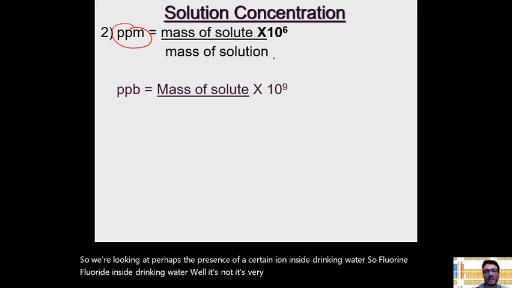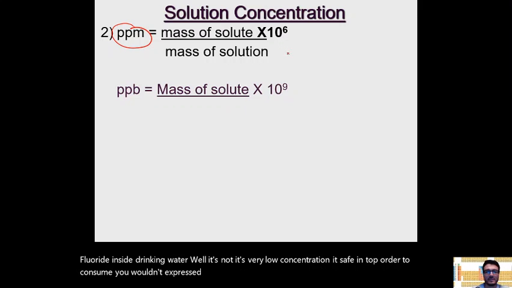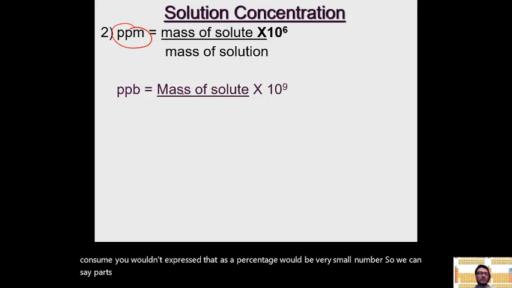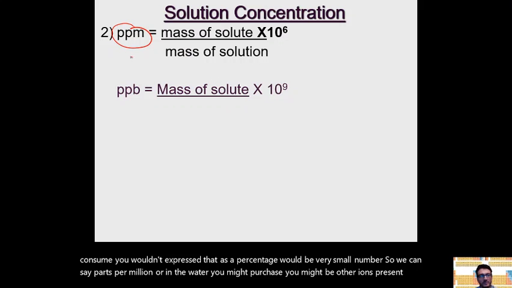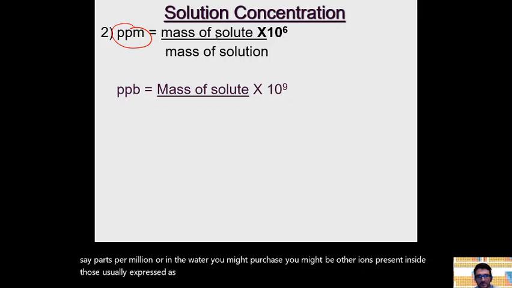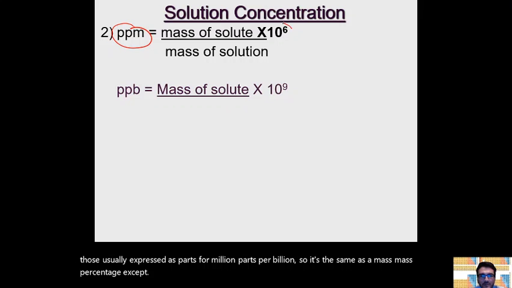It's safe in tap water to consume. You wouldn't express that as a percentage. It would be a very small number. So we can say parts per million, or in the water you might purchase, there might be other ions present inside. Those are usually expressed as parts per million, parts per billion. So it's the same as a mass percentage, except you're not really finding percentage.